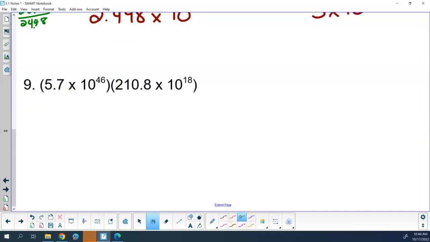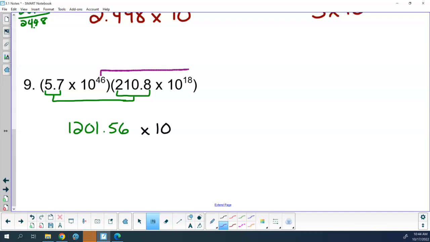On this one, I would take 5.7 and multiply it by 210.8, and I'm going to cheat and say that that is 1,201.56. And then I'm going to take these two exponents and add them: 46 plus 18 is 64.